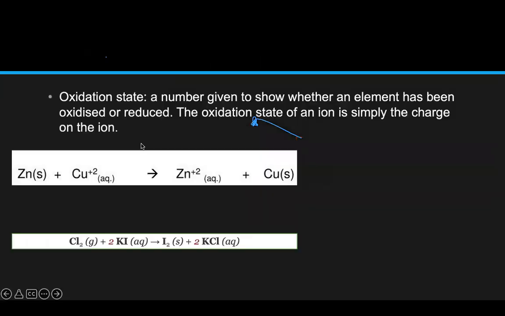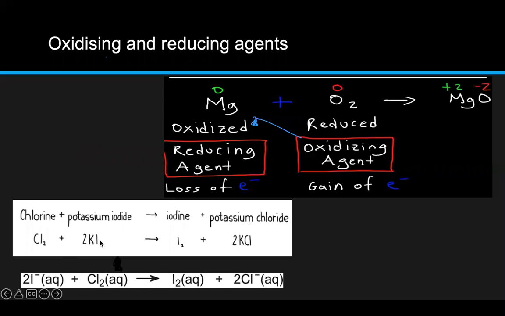And in this reaction, chlorine displaces iodine. That's why it's a good oxidizing agent, as it displaces iodine. And let's see how this is an oxidizing and reducing agent. We cannot figure this out only from this equation. We should know the ionic equation of this reaction.